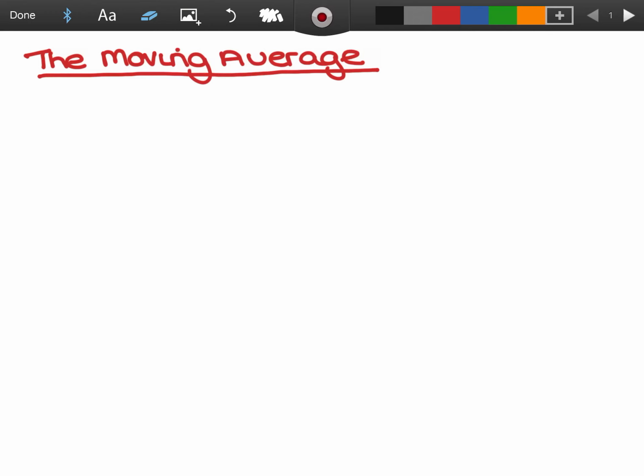Let's do a quick example to show this. Let's say we're looking at the years 2000, 2001, and 2002. Let's say I've got a particular sports team and I'm looking at the number of games they won in each year.